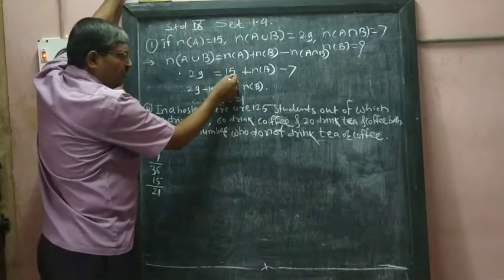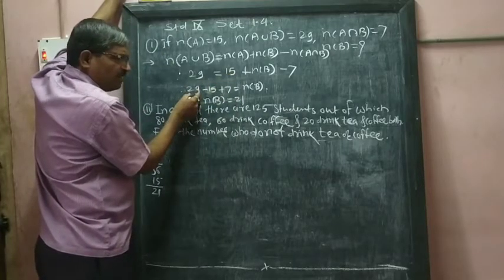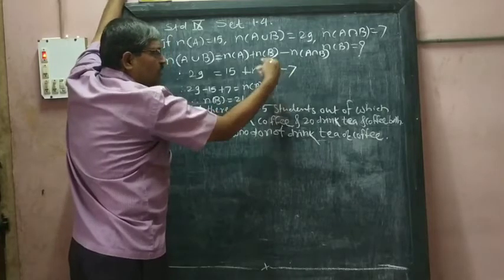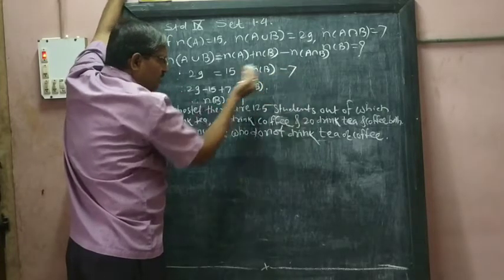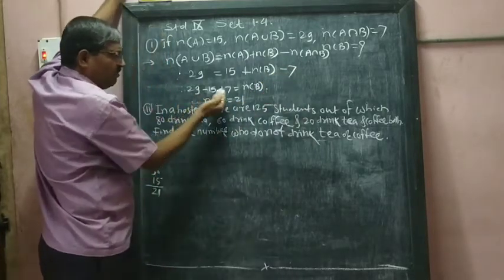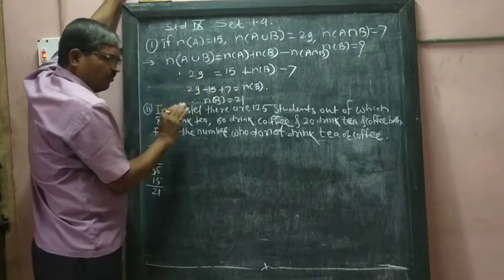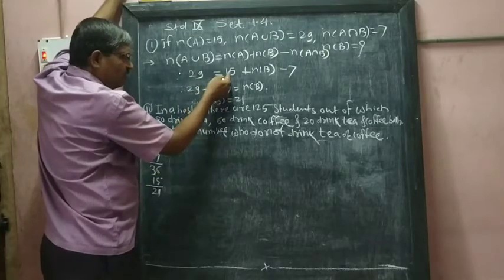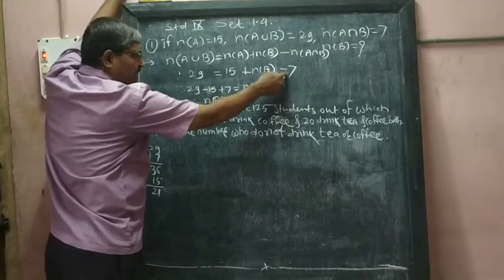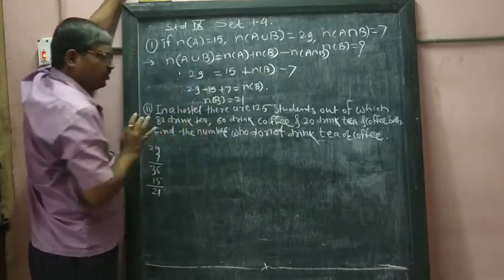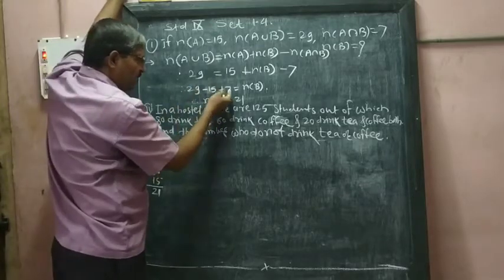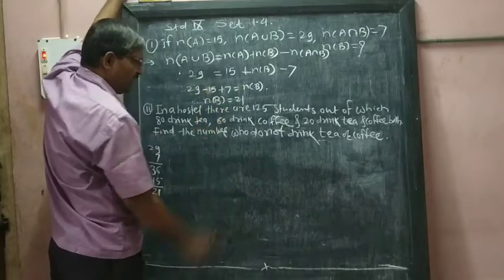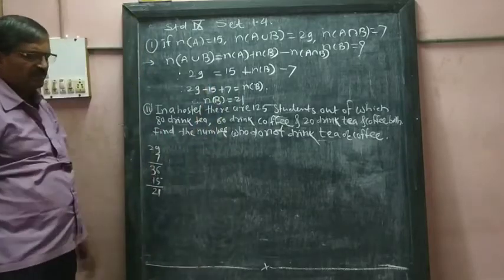So this 15 from the left hand side comes to the right hand side and becomes minus. A positive number on the left hand side, when it comes to the right hand side, becomes negative, and a negative number becomes positive. So 29 as it is, this positive 15 becomes negative, and this negative 7 when it comes to this side becomes positive, and thus 29 plus 7 is 36. 36 minus 15 means you will get 21 as the answer.